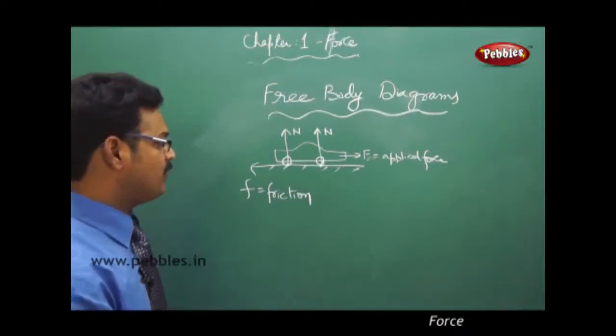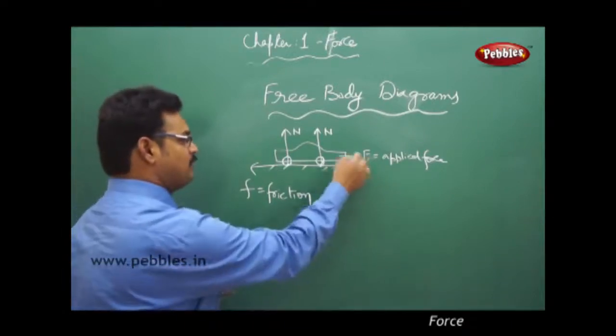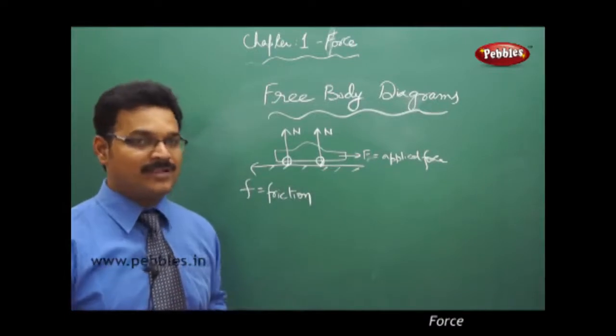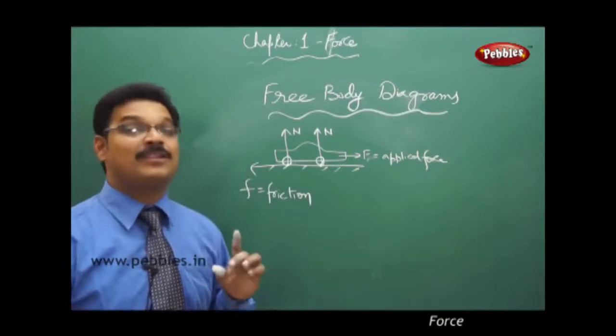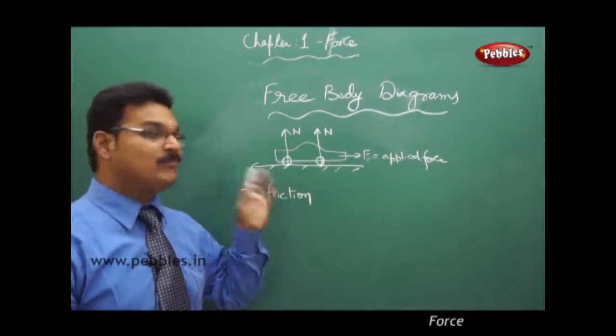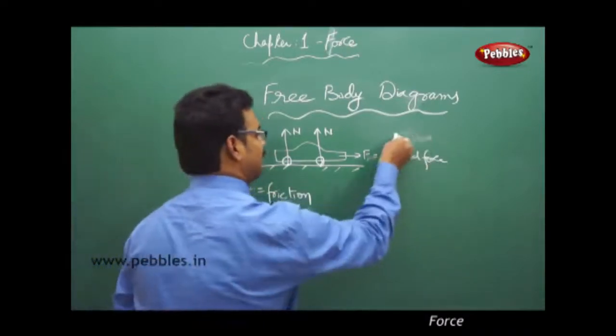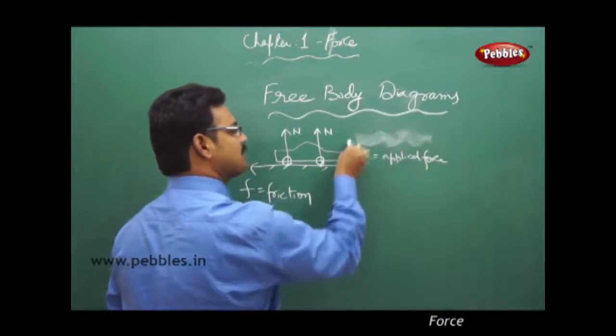So how many forces have we identified? Applied force, normal force, frictional force. That's it. Only these forces, we do not have any other forces? Yes, we have another force. This car is moving in the air, and air is coming like this.